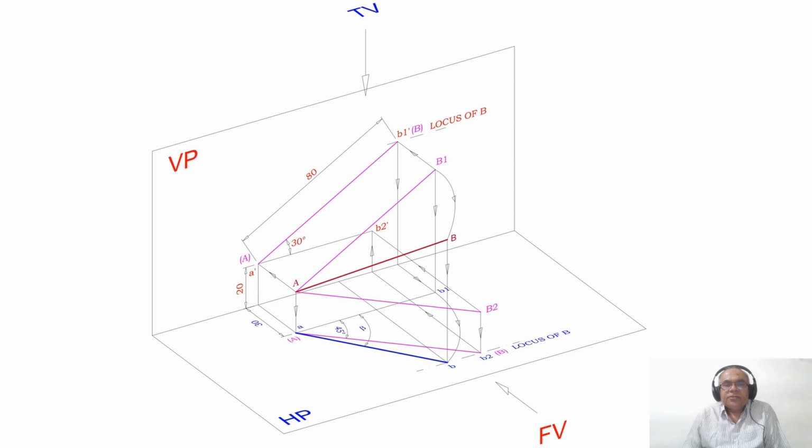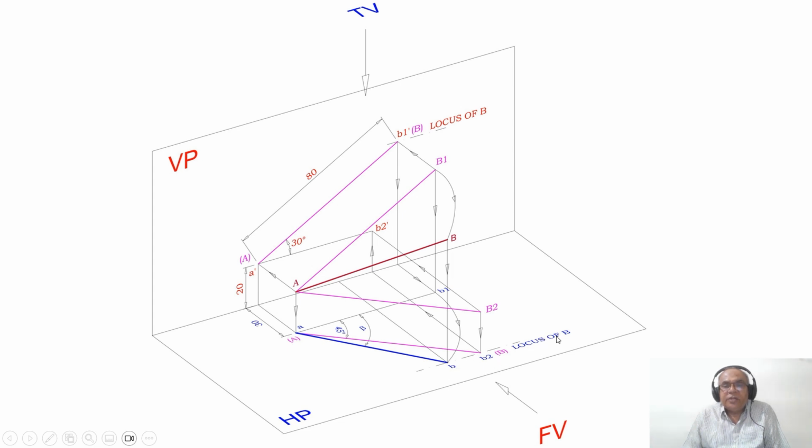This is how we are going to get the top view line. The length of AB1 will be equal to the length of AB. That is very, very important. You cannot alter the length of the top view. We will be able to find the inclination of the top view. Why are you doing this? Because we have the locus of B here.